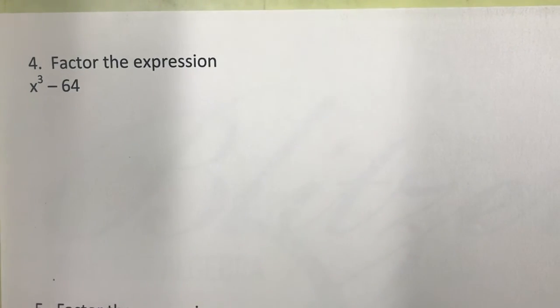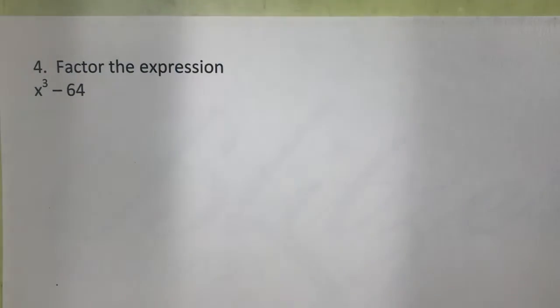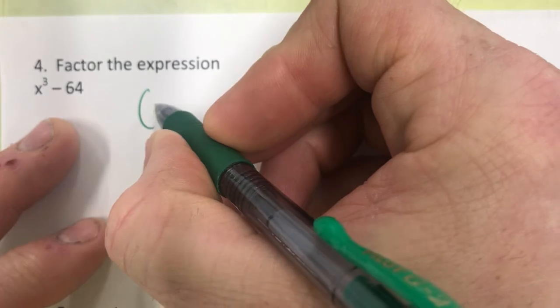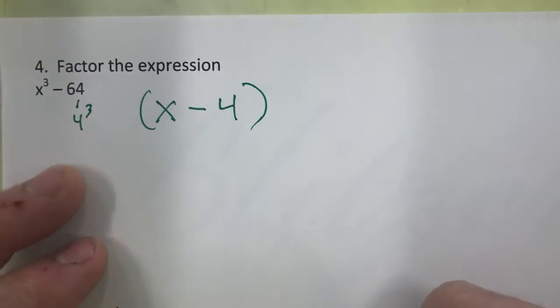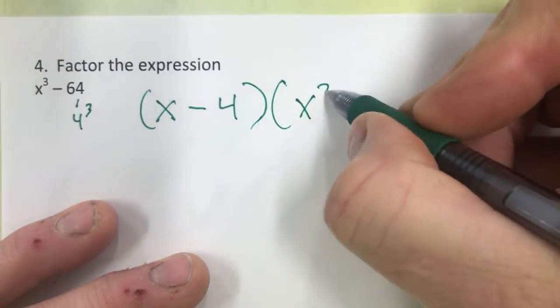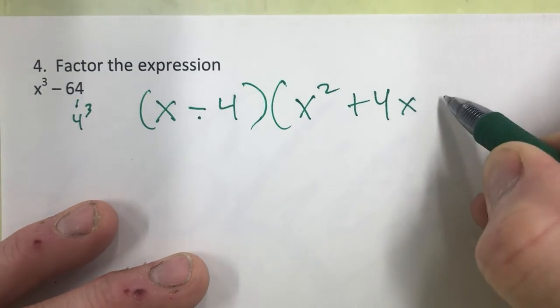Okay. Number 4. All right, so here we go. This is x minus, 64 is 4 to the third power. This is going to be x minus 4. Then I'm going to have x squared. I'm going to have plus 4x. And then this is always plus here.